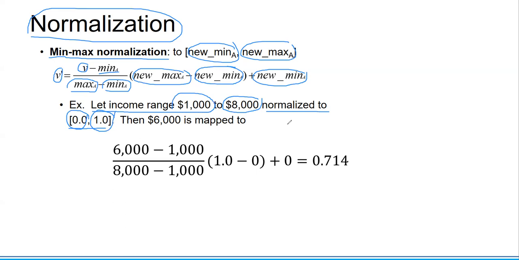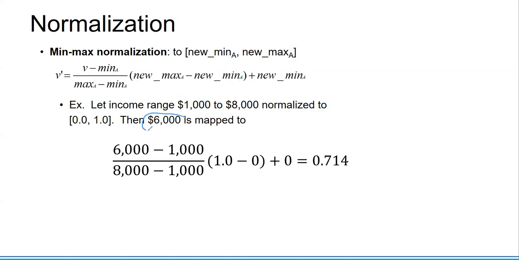If 1,000 equals 0 and 8,000 equals 1, what is 6,000? So 6,000 will be somewhere in between 0 and 1. We can put the formula like this.